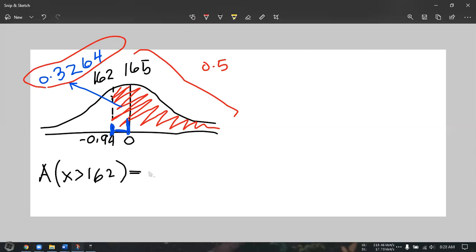So that is 0.5 plus 0.3264. Since this is plus, we can interchange the position. It doesn't matter. For example, 5 plus 4 is the same as 4 plus 5. But 5 minus 4 is not the same as 4 minus 5. Okay, by value.